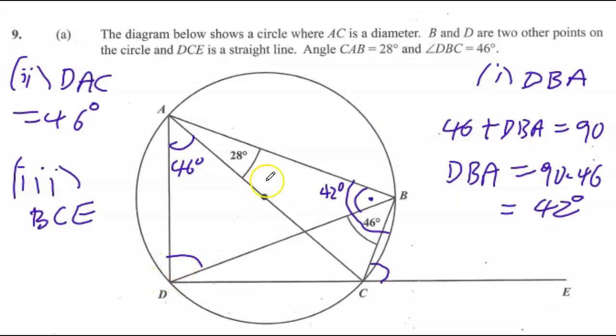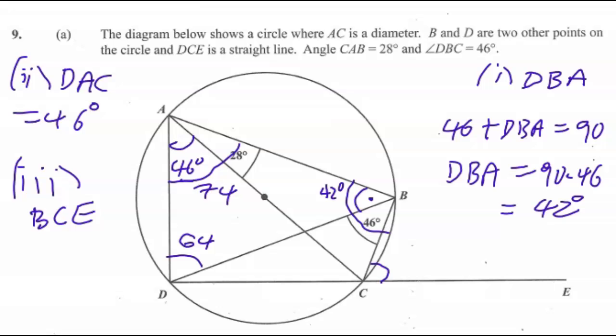So this angle is 46 plus 28, so all of this would be 74. Plus 42 gives me 116. So this angle will be 180 minus 116, so this angle will be 64.